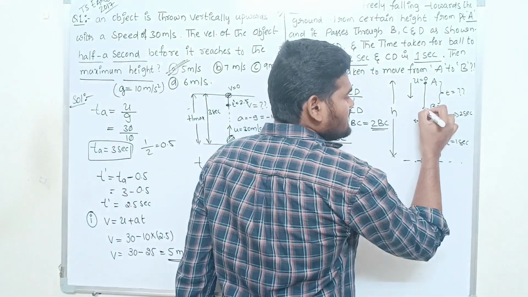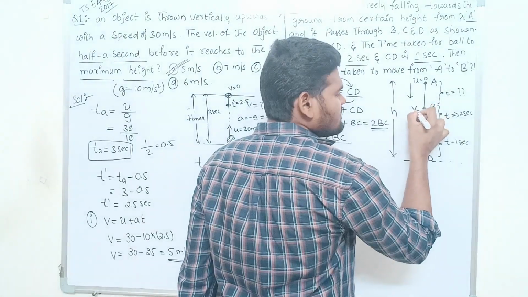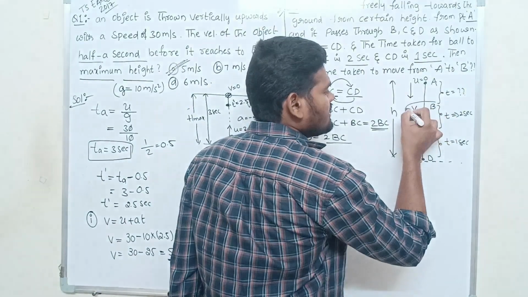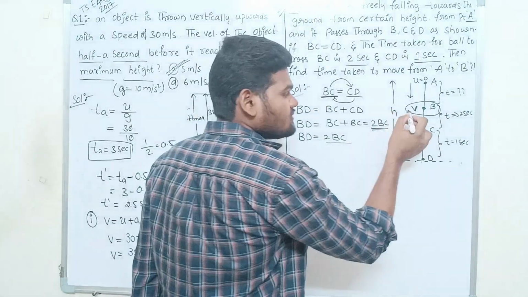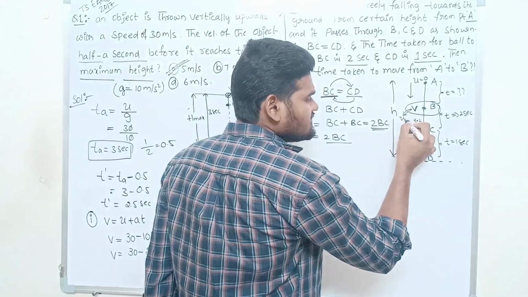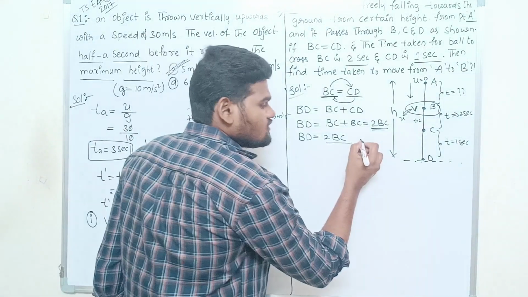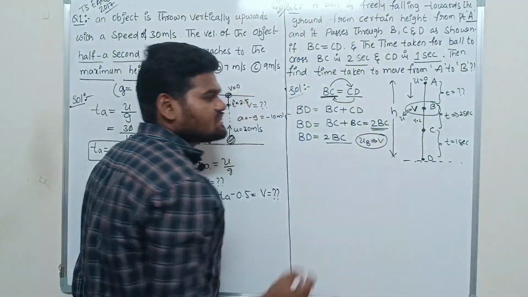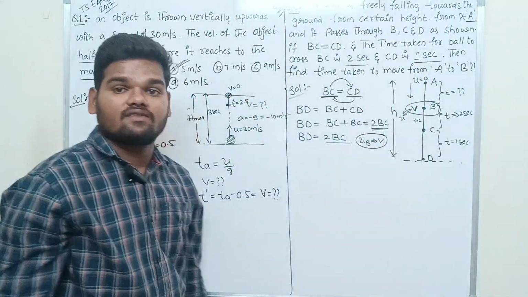So at point B, I'm taking the velocity of the object as V. This is the initial velocity of the object at point B, and with this much velocity, the object is moving towards the ground.